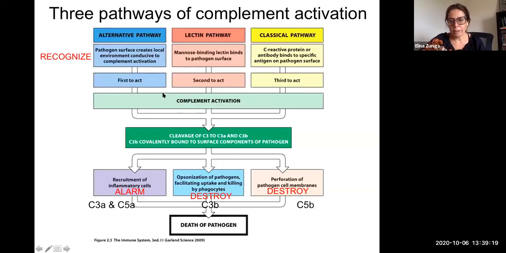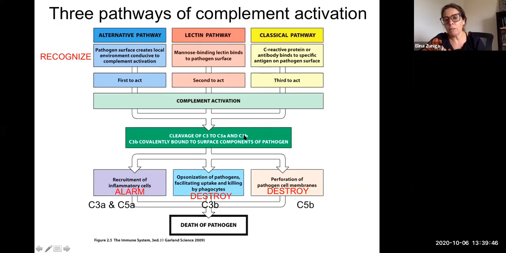So again, the core slide here: the complement can be activated by the alternative pathway, the lectin pathway, and the classical pathway, which by recognition of the pathogen in all cases will converge into C3 cleavage that leads to the production of C3a and C3b.